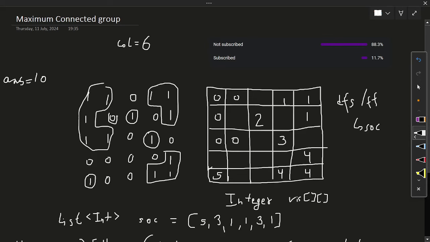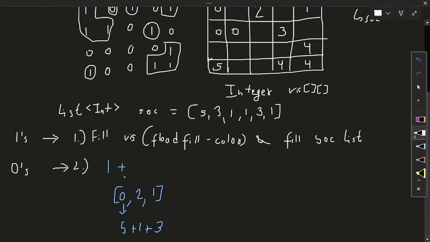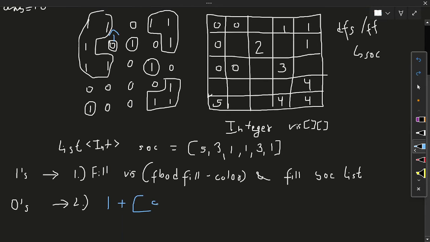So can we change this 0? If we change this 0, then we have one component, and let's check the neighbors. If we go up, we have this 0 component, so 0.